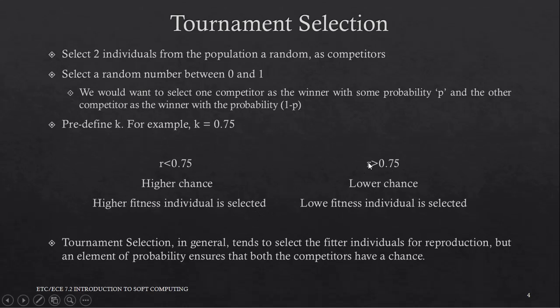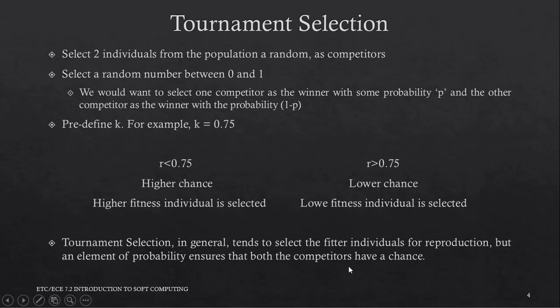And if R is greater than 0.75, which is less likely, the lower fitness competitor is declared as the winner. Therefore, the selection mechanism in general tends to select the fitter individuals for reproduction. But an element of probability ensures that both competitors have a chance.